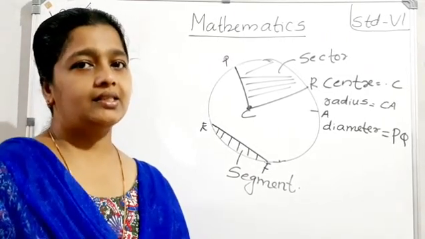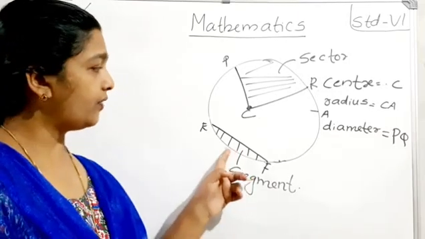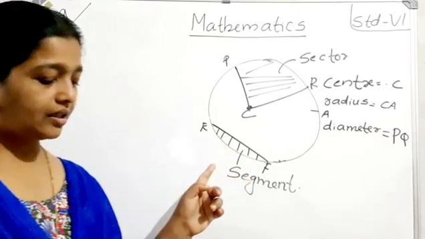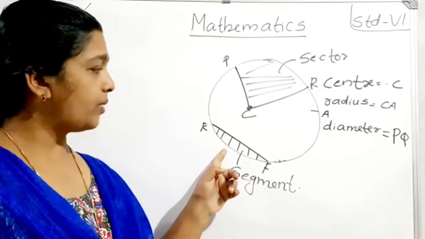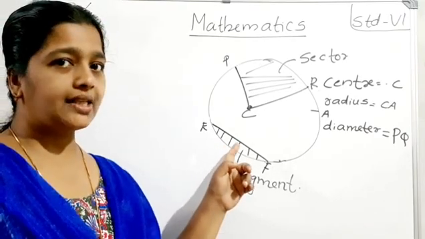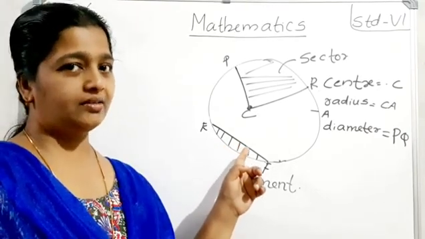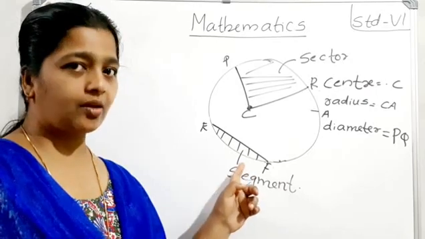Clear? This is the chord, this is the arc, and this is known as the segment.